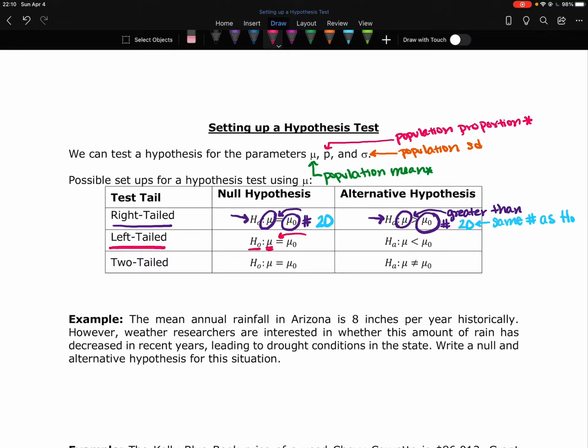We always assume that it's equal to. And then whatever the number is that we are being told that it's equal to. And this is going to be told to us through prior research, through census data, through an article that we read, through something like that.